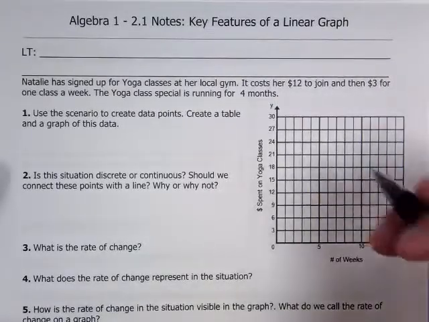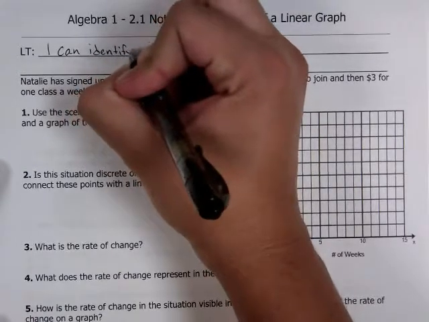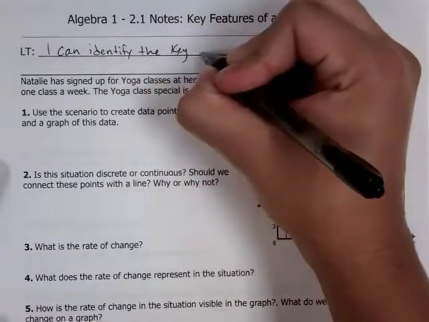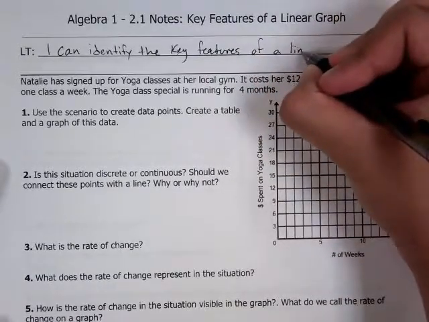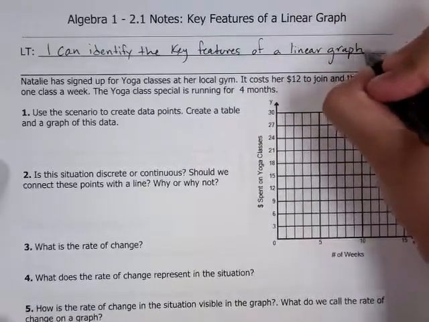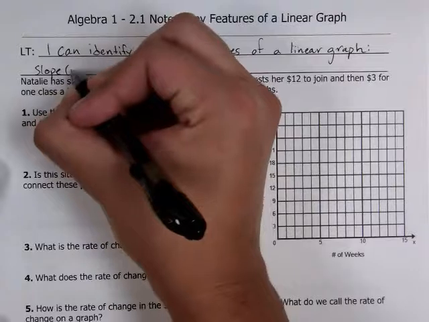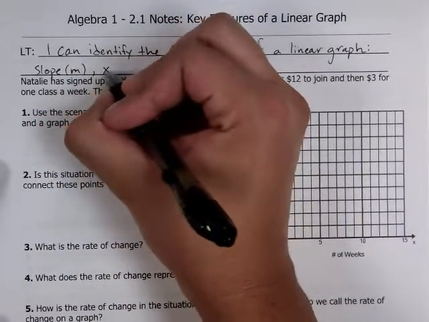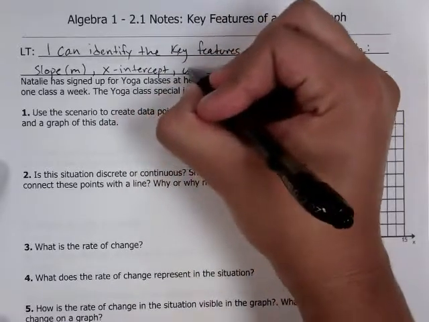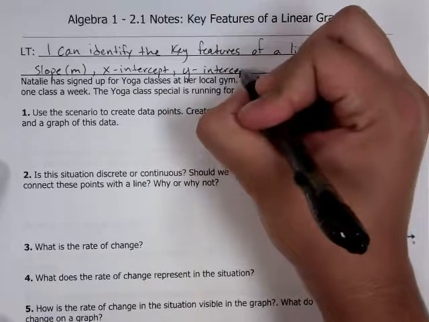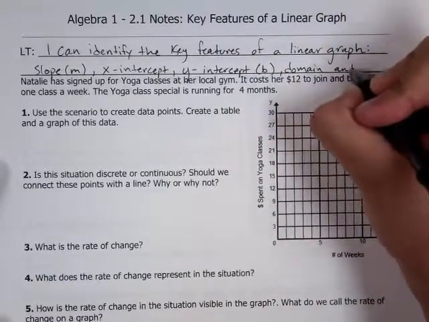The learning target is I can identify the key features of a linear graph, those features being slope, which is m, x-intercept, y-intercept, which is b, domain, and range.